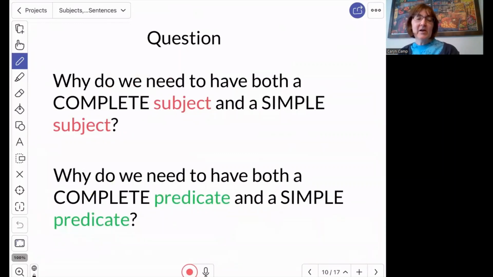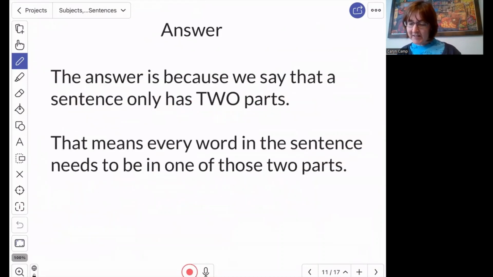So, question, why do we need to have both a complete subject and a simple subject? And also, why do we need to have both a complete predicate and a simple predicate? Why can't we just say subject predicate? Well, let's see. Here's the answer. The answer is because we say that a sentence only has two parts. That means every word in the sentence needs to be in one of those two parts.